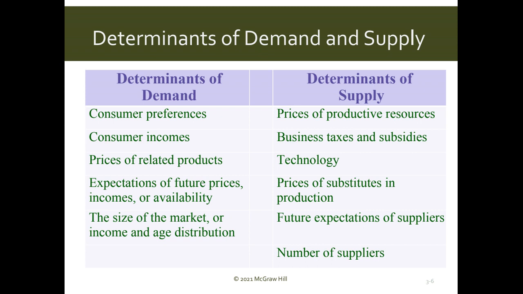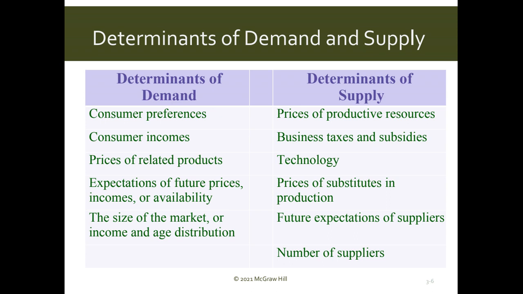And if you remember, this is the summary of what we did in our last session. So these are the determinants of demand. That is, these are the factors that shift the demand curve either to the right or to the left. On the other second column, we have determinants of supply.